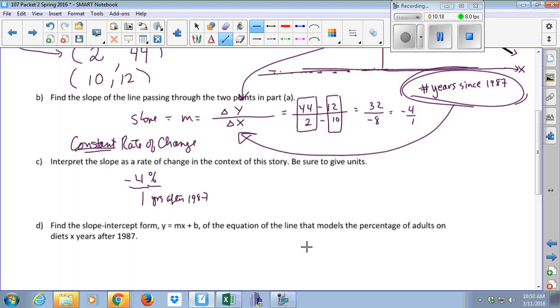There's a 4% decrease in the percentage of the population on a weight loss diet for every year after 1987. Okay, so it doesn't matter where you start. What's important is that you see both of these numbers here, the 4 and the 1, and then some word in your interpretation picks up the fact that it's a -4, like decreases, declines, and that you have the unit, which is percent, and then this 1 represents each year after 1987.